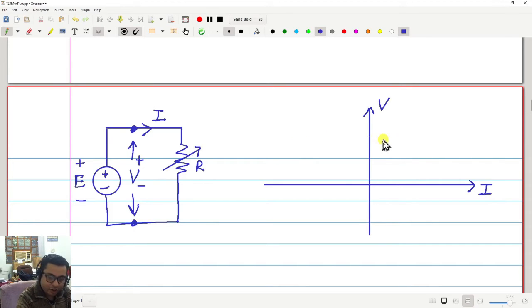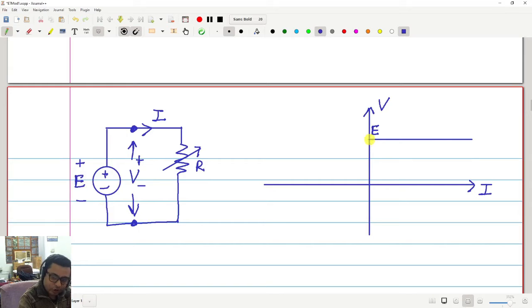So it will be a horizontal line parallel to the x-axis, because if you decrease this resistance, then current will increase, but this voltage will always remain same and equal to this E, whatever is the value of this voltage source. So this is how the graph will look like.